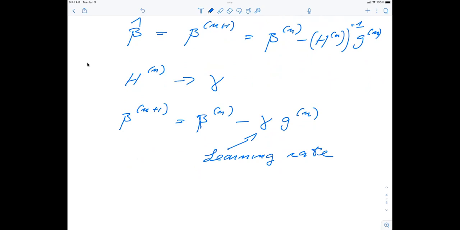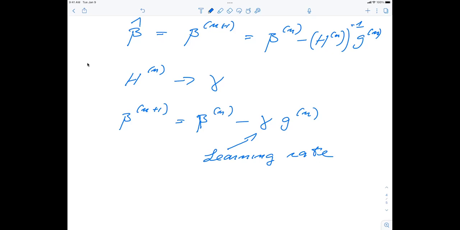And in many applications, it's cheaper from a computational point of view to set up a set of values of gamma and simply play around with them and see what gives you the best mean squared error. Because sometimes the second derivatives are very expensive to evaluate, because you have to invert a matrix.